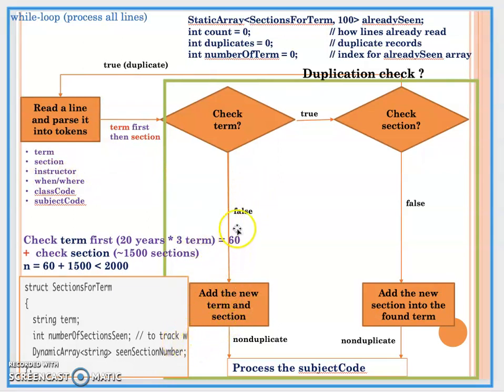If you want it to be easier, maybe you can write a function for the term check and the section check. Or you have another way. Here I'm using the counter to check if they finish the for loop or not. But you have other ways, the same thing like we said earlier.